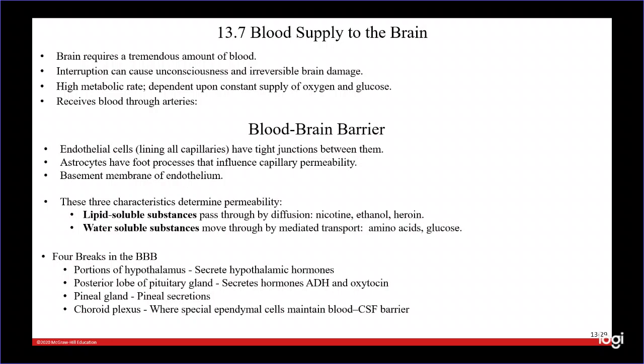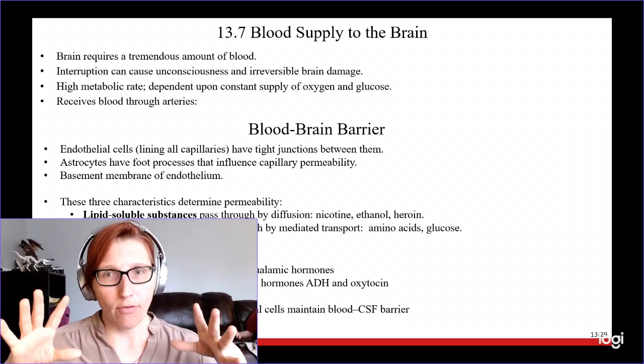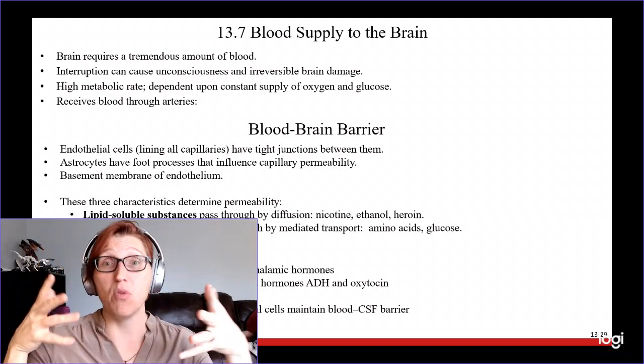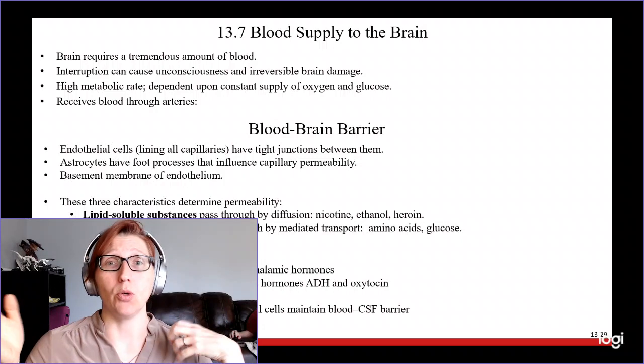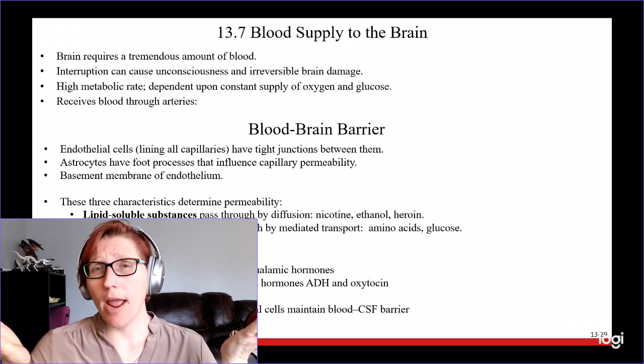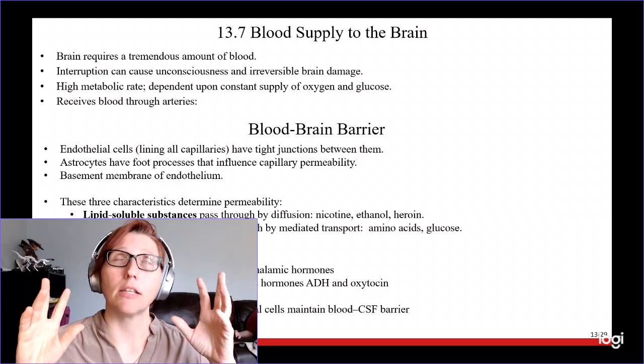So that being said, why in the world do we have cerebrospinal fluid instead of just blood moving through that area to move nutrients and oxygen? We don't have our brain bathed in blood because blood is filthy.